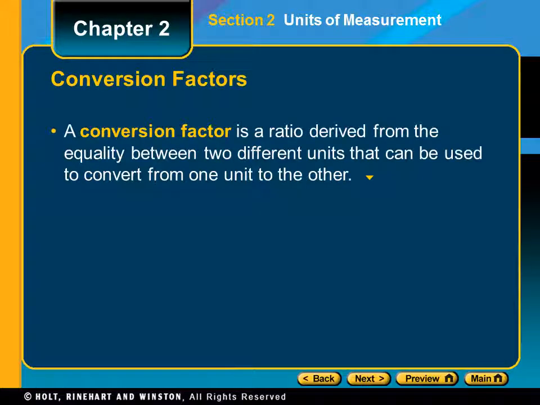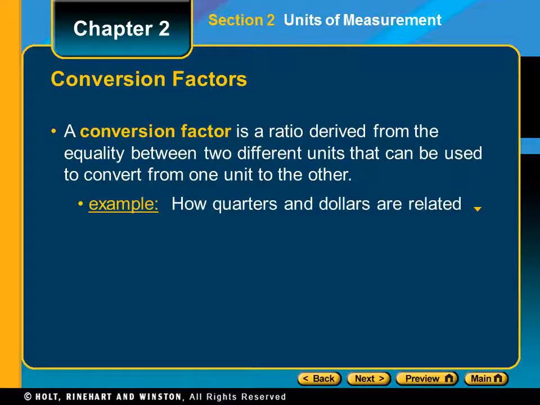That brings us to a discussion about conversion factors. Okay, these are important. A conversion factor is a ratio derived from the equality between two different units that can be used to convert from one unit to another. An example, how do we understand what that means? Well, quarters and dollars. We know that they're two different units, but there is an equality. A certain number of quarters equals $1, and vice versa.